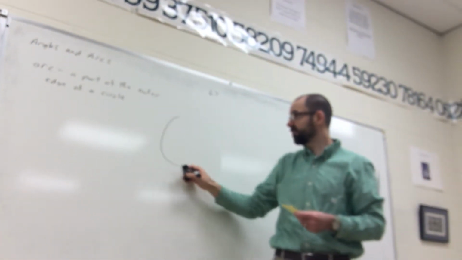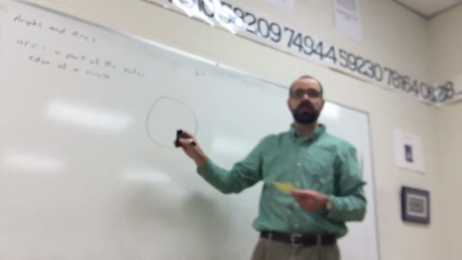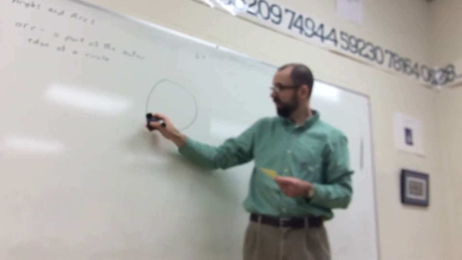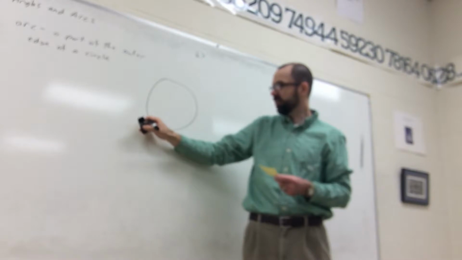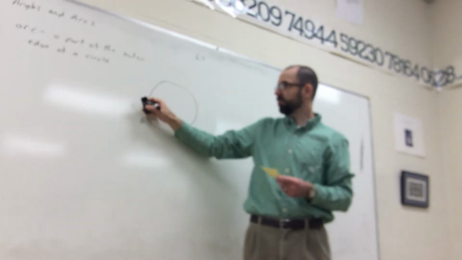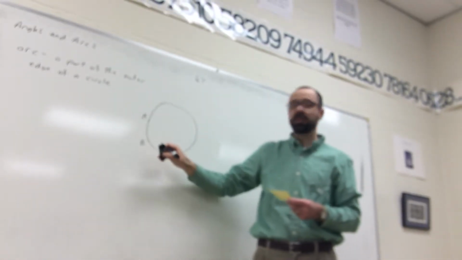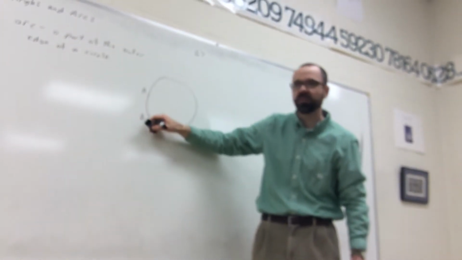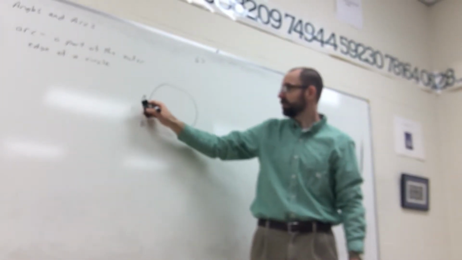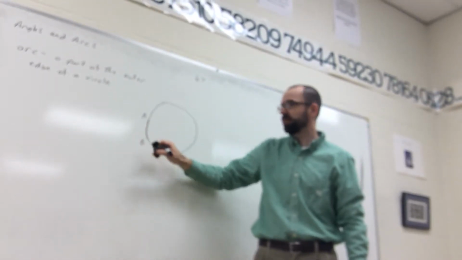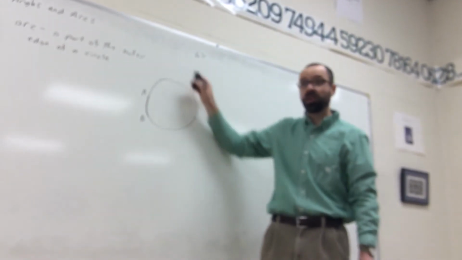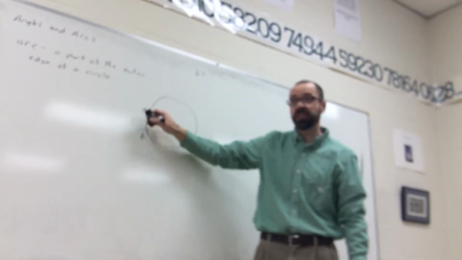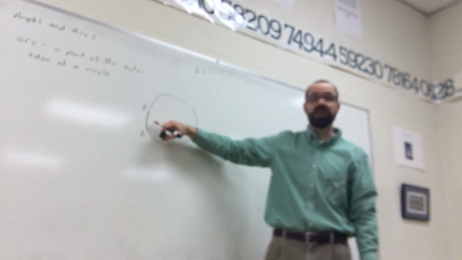So here's the entire circle. But if you had a point here, let's call it B, and a point here, let's call it A. If you looked at just this curved piece here, so not the entire curve, but just that bit of the curve, that's called an arc.